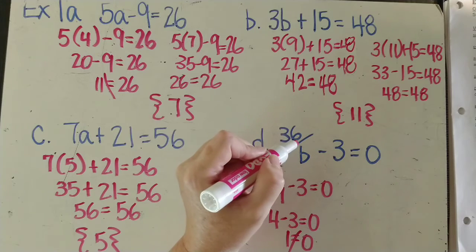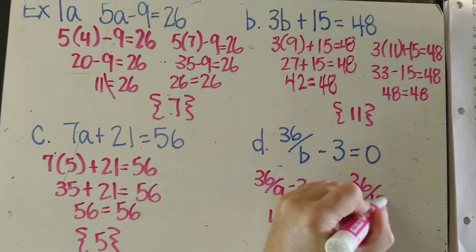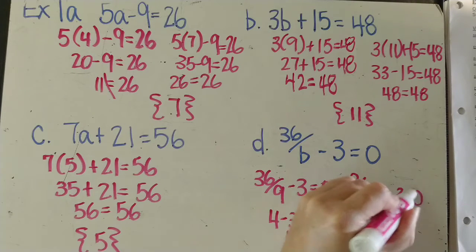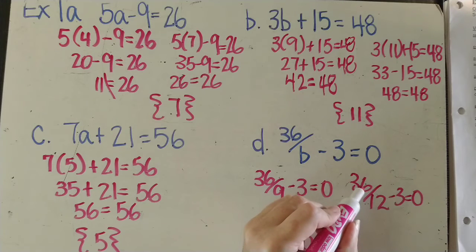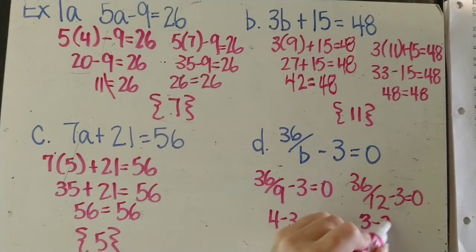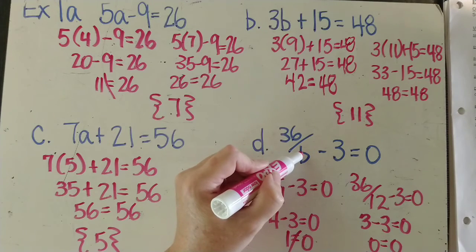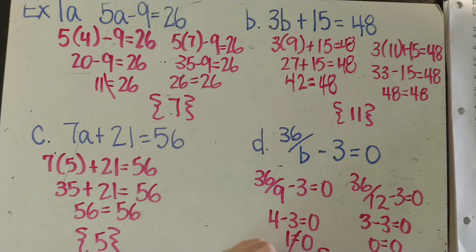So let's try another one. Let's try 12. 36 divided by 12 minus 3. Is that equal to 0? If you have 36 and you divide it into 12 parts, it is 3. 3 minus 3 is 0. 0 equals 0. So what worked? We are not going to put in 0. We have to find the value that we replaced B with, and it was 12. So on this one, your answer for the solution set is 12.